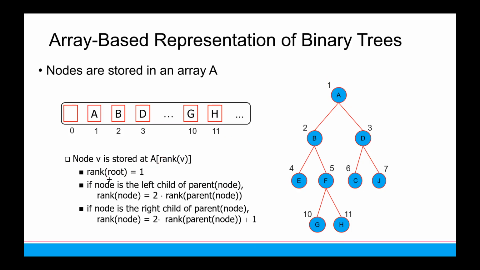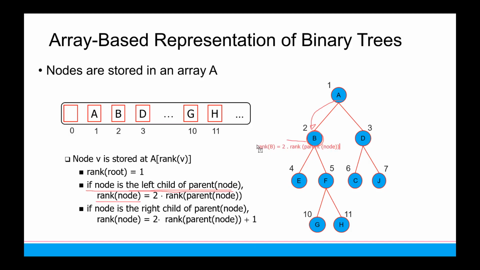If the node is the left child of the parent node, so the parent is A and B is the left child, then the rank of B will be 2 multiplied by the rank of the parent node.